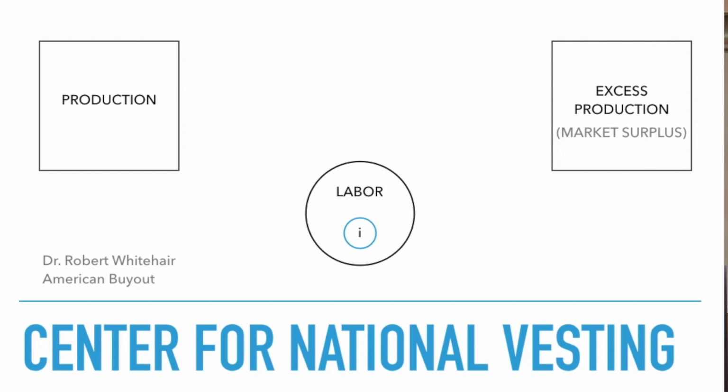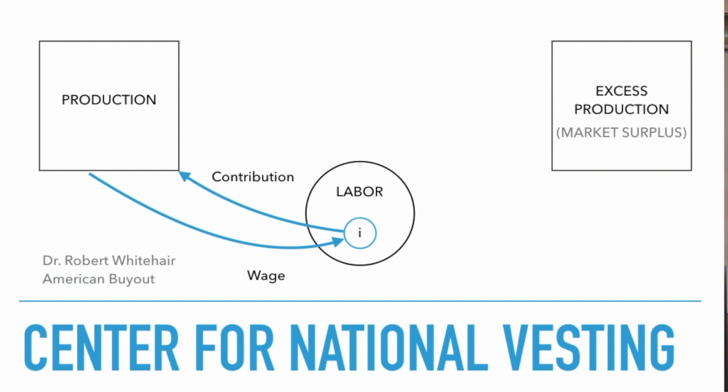Now, in a conventional economy, labor, shown in the middle, and I representing the individual member of the workforce, in a conventional economy, I contributes to production. And what they receive back from production, or that pool of value, is a wage. Now, in a vested economy, there's this other pool of value that we call excess production, also known as market surplus.